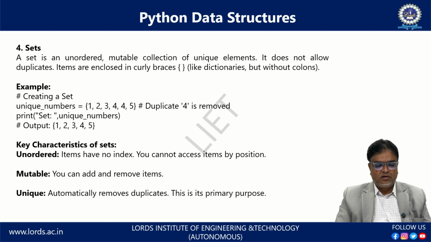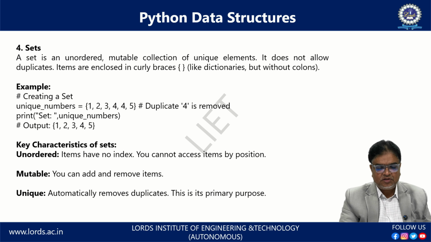The fourth built-in data structure of Python is the set. A set is an unordered, mutable collection of unique elements. It does not allow duplicates. Items are enclosed in curly brackets like a dictionary but without colons.